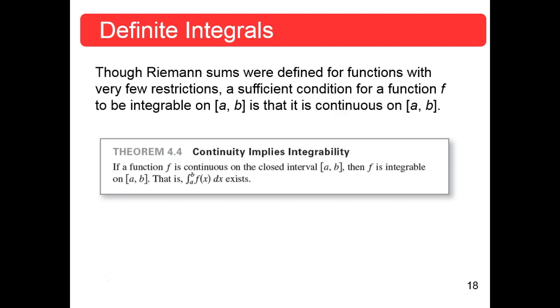So continuity implies integrability. But again, integrability doesn't always imply continuity. So we won't go the other direction. If the function f is continuous on some closed interval a to b, then f is integrable on a to b. That is, the integral from a to b of f of x dx does exist.